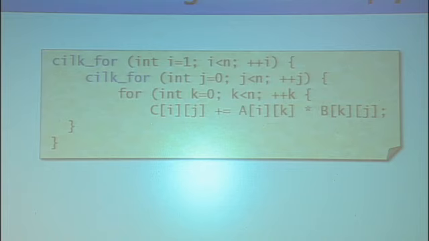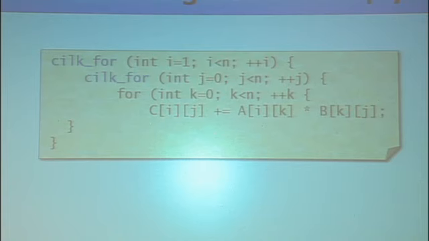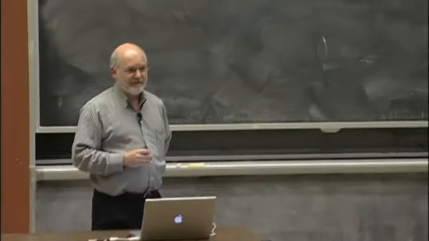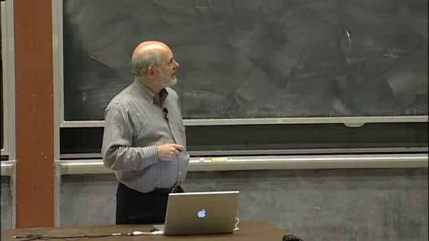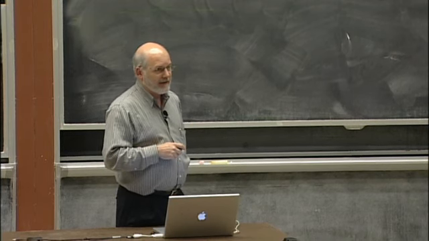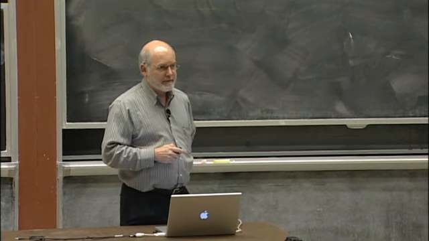Race on C_ij? Yeah, we get a race condition. We have more than 2 things in parallel trying to update the same C_ij, and we'll have a race condition. So always run Cilkview to tell your performance, but always, always run Cilkscreen to tell whether or not you've got races in your code. So yeah, you'll have a race condition if you try to naively parallelize the inner loop here.